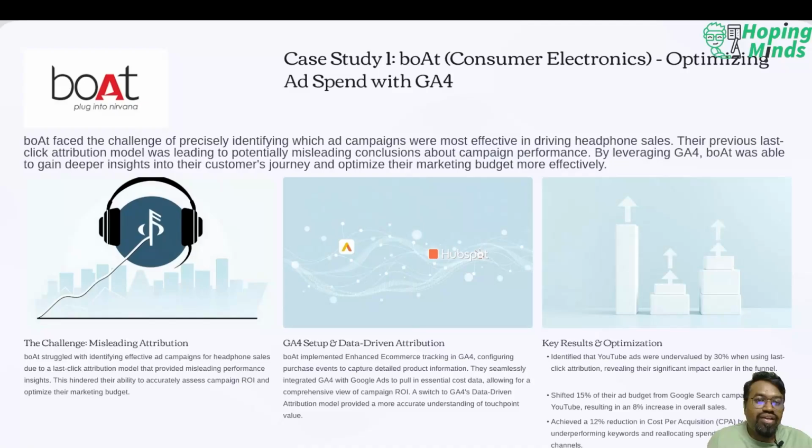If they are putting more budget on YouTube ads, they are getting more sales and reduced CPA, making sure that their campaigns are very effective in targeting the people whom they want to.